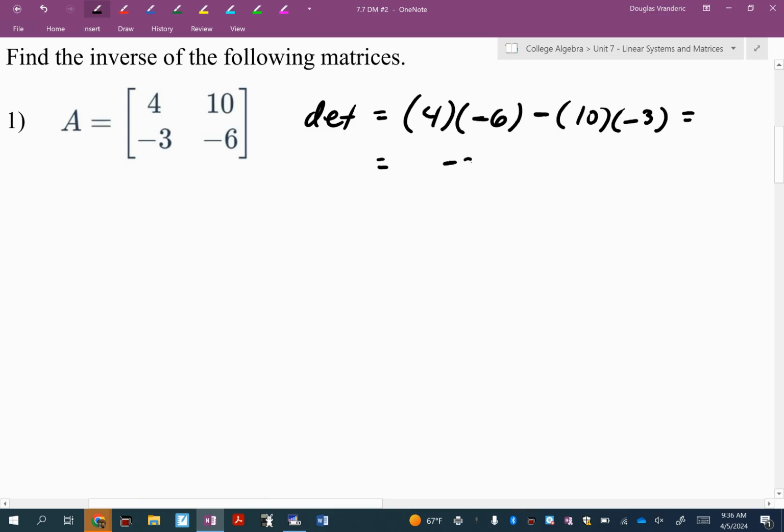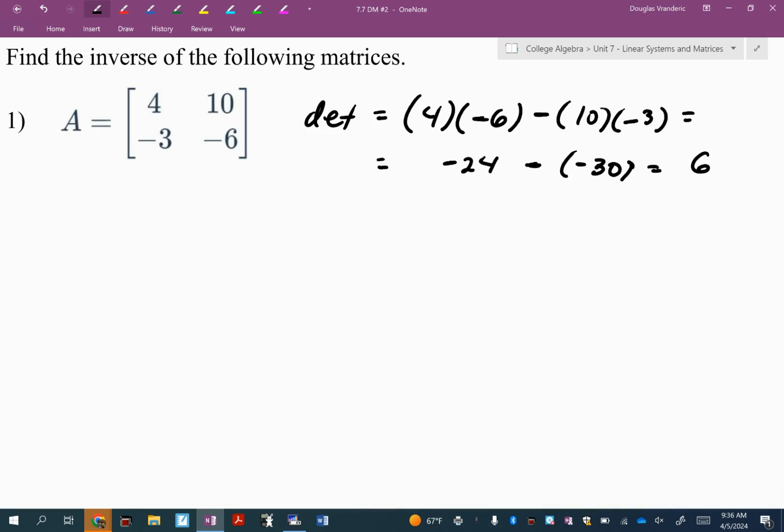That's the same as -24 minus a -30. Now, when I do minus a -30, what is that going to become? It's going to become addition. So what's -24 plus 30? That's 6. So far, nothing new. We did this two days ago.